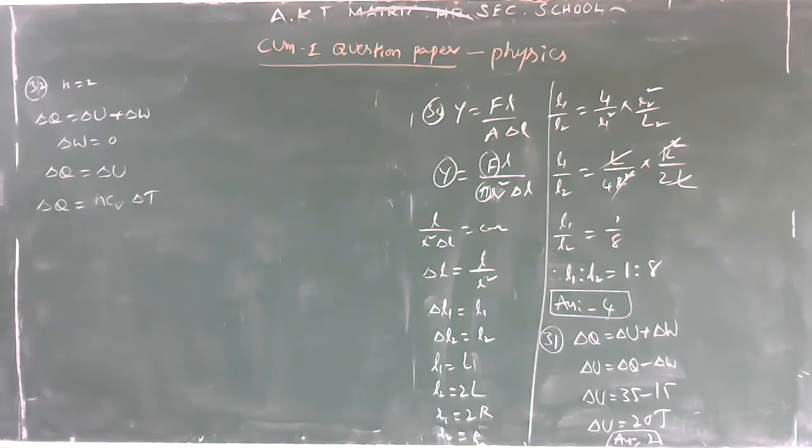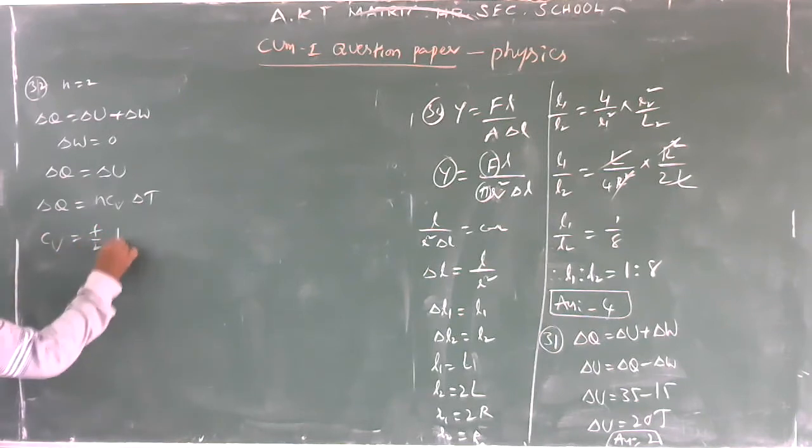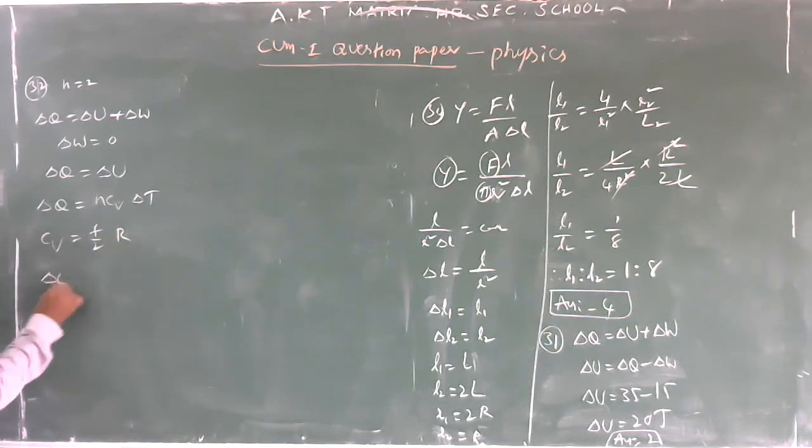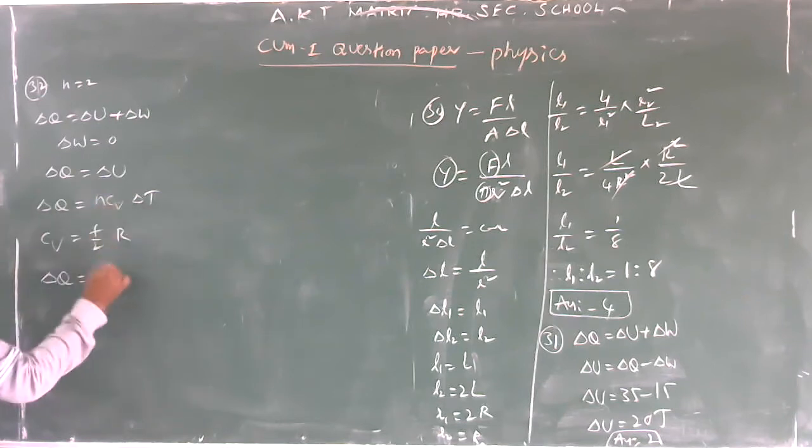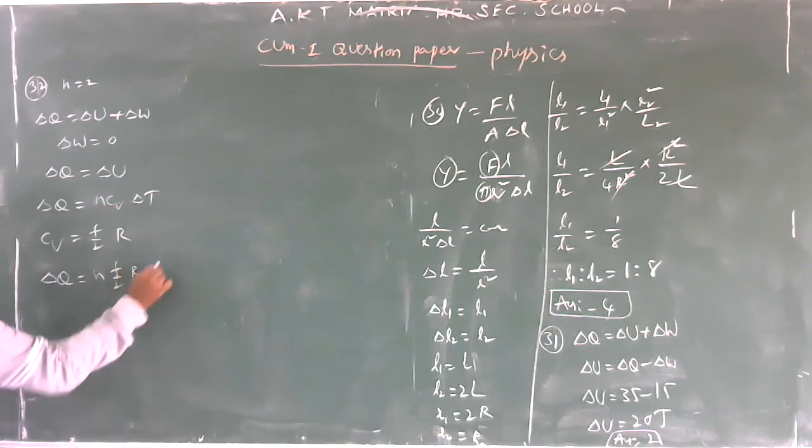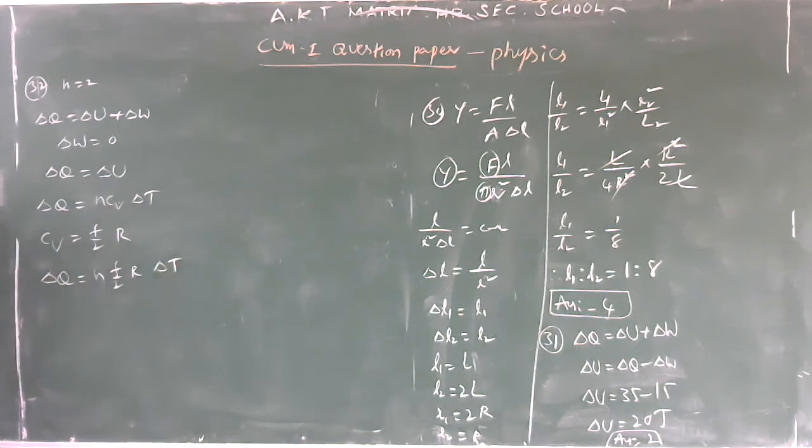Specific heat of a gas at constant volume. For which gas is it given? Monatomic gas. In terms of degrees of freedom, Cv is equal to f by 2 into R. Then delta Q is equal to n Cv delta T. This is the amount of heat required.